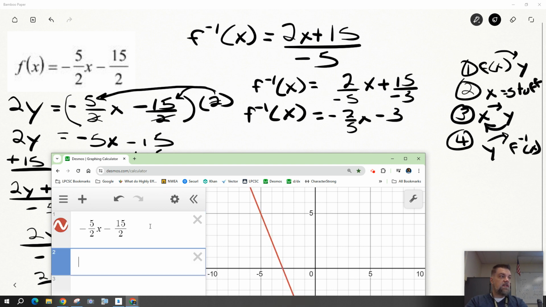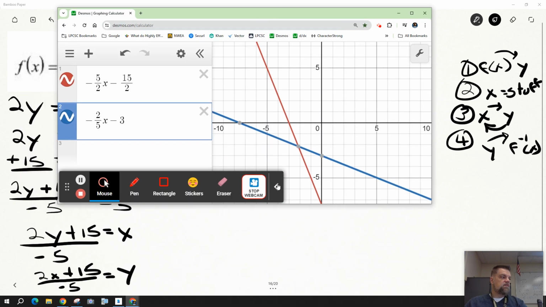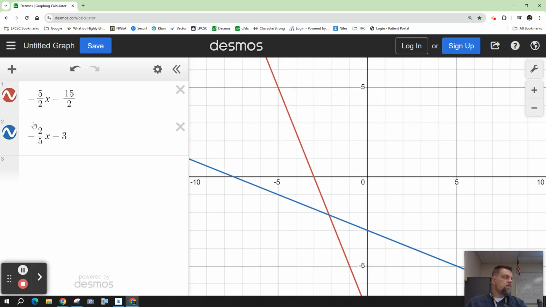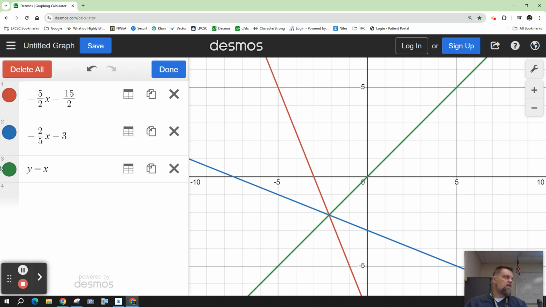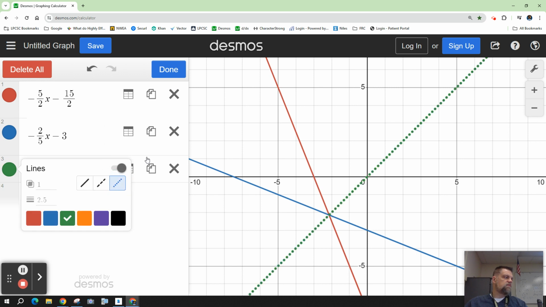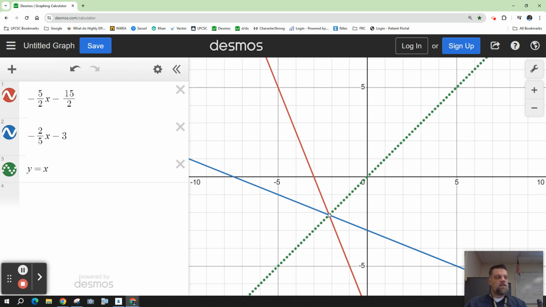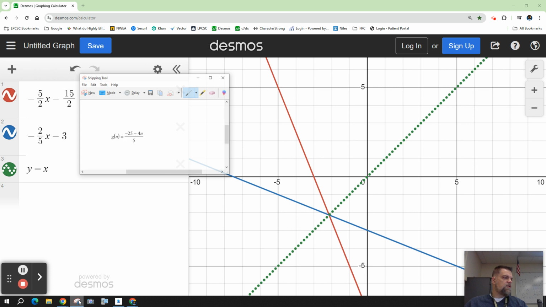Then in my next one, I'm going to do this last one, negative 2 divided by 5 x minus 3. And lastly, I'm going to plot my y equals x. I want to see if that crosses the diagonal. It does, right there. So I'm going to take a screenshot of that.